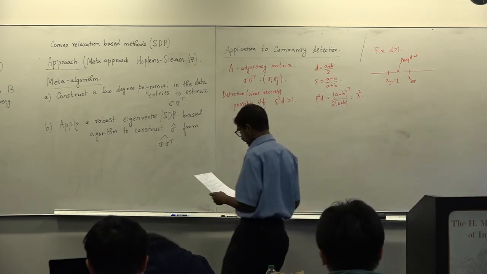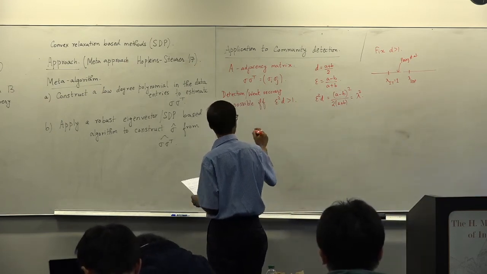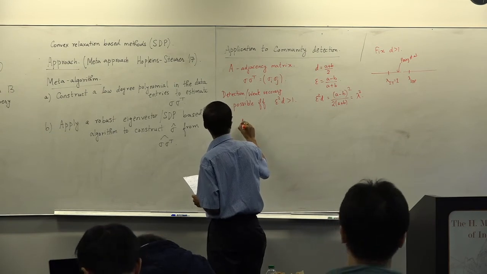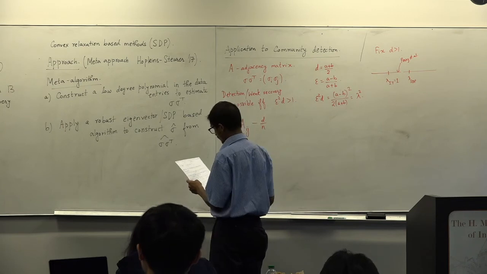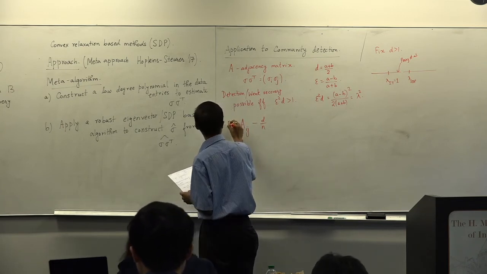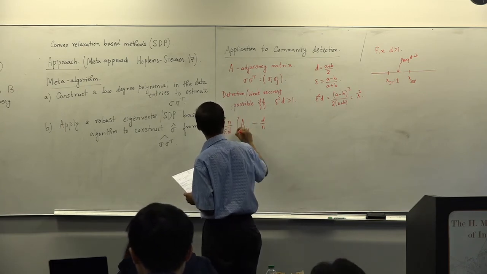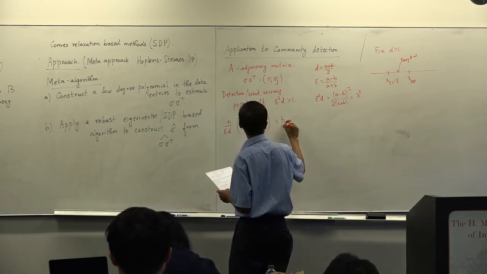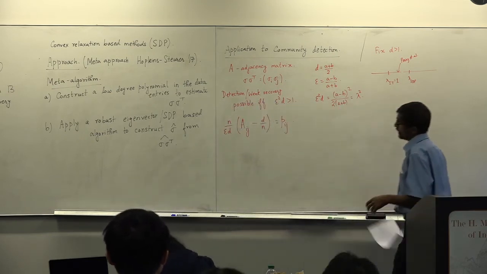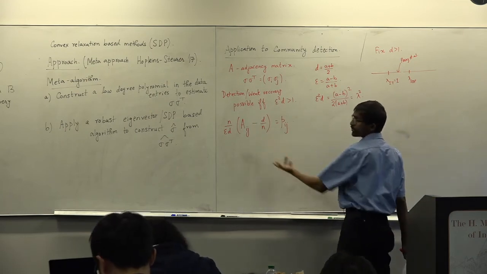Okay, so what can you do? I really like this approach. They say, look at this entry Aij minus D over n, and then multiply by n over epsilon D. This is just algebra. Look at this entry, Pij. You can construct this if I give you the adjacency matrix.